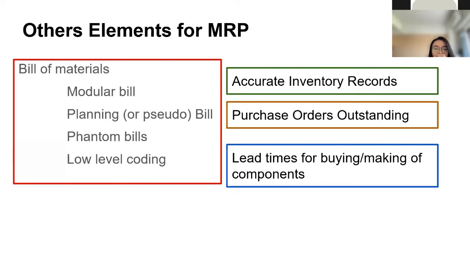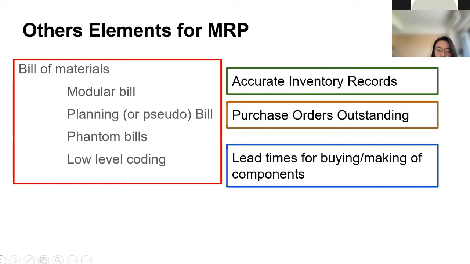We don't want about 50. About is not a good word. We must have exactly accurate inventory records. We need purchase orders outstanding. Purchase orders outstanding means you know what is waiting to arrive, and you have the lead time for buying and making.